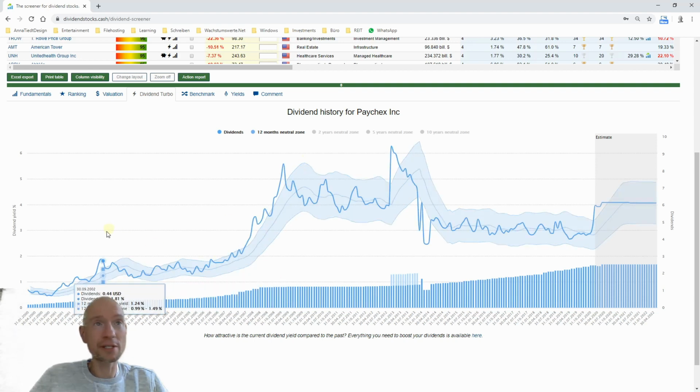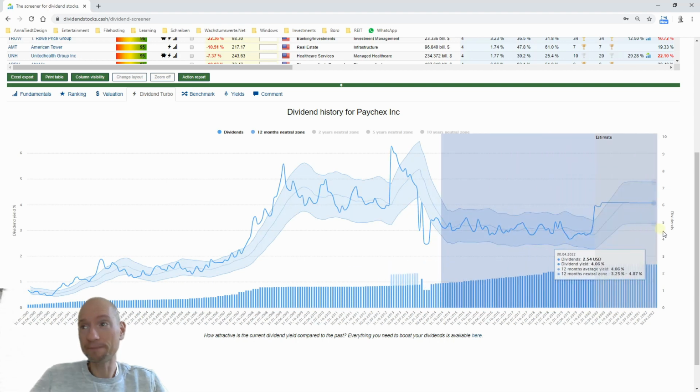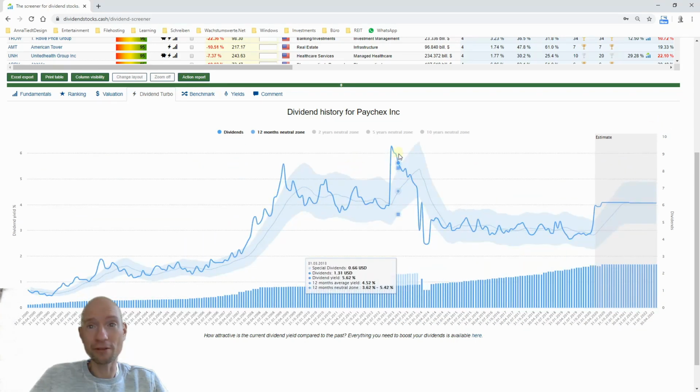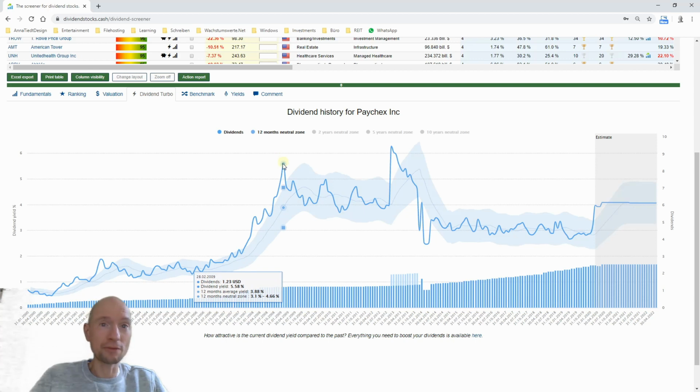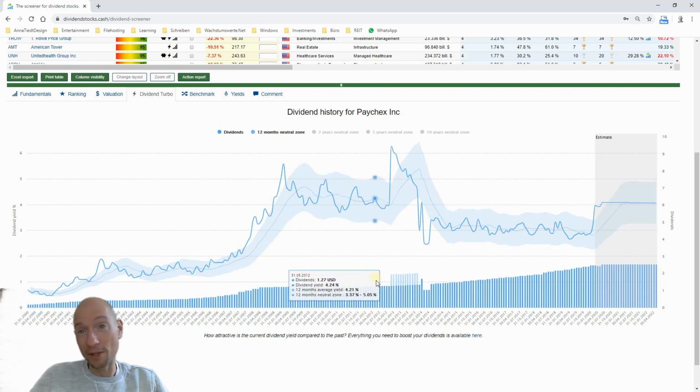Dividend yield increased, and now we have dividends of about $2.50 and a yield of 4%, which is, as you can see here, much more than in the years following the financial crisis. But in the financial crisis, which started here, we got up to 4.6%, and this is an outlier due to special dividends here.